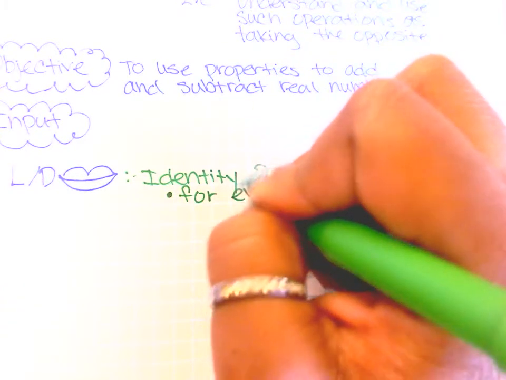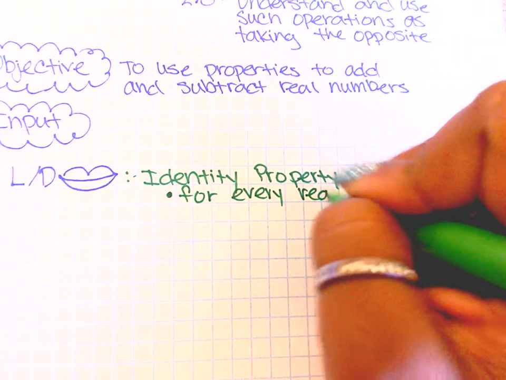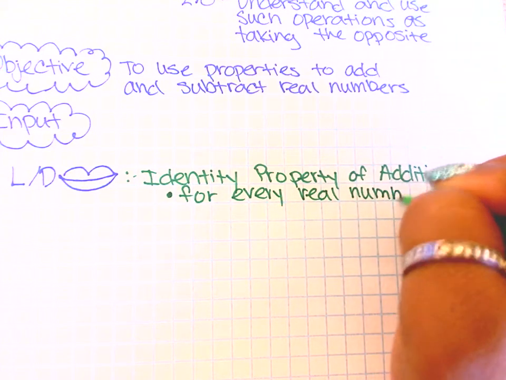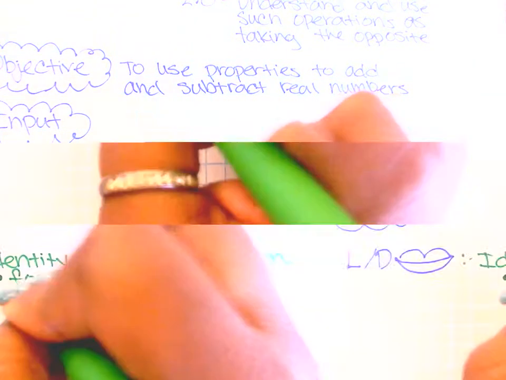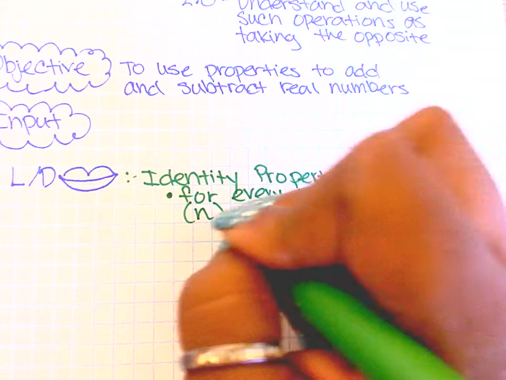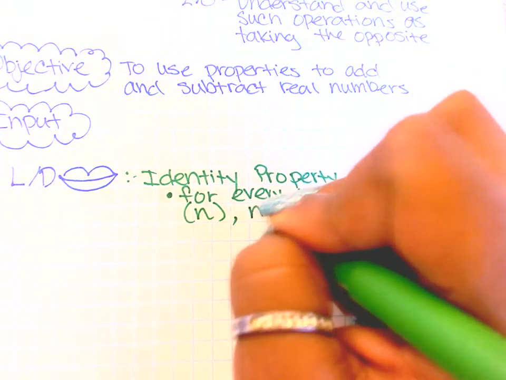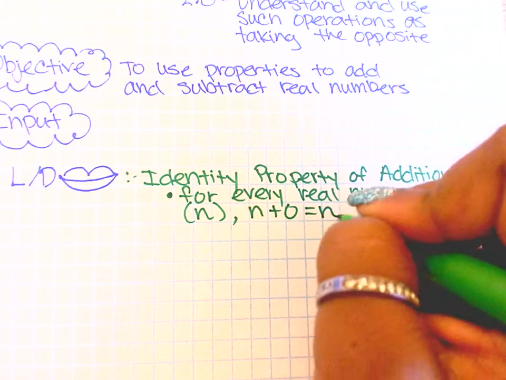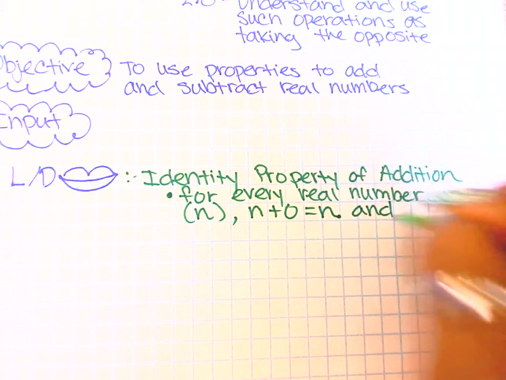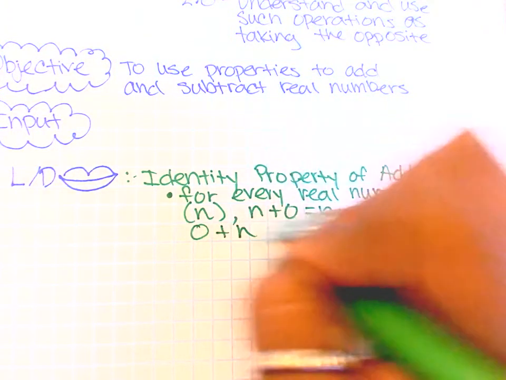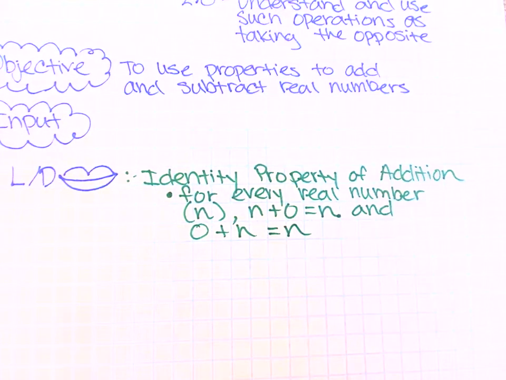It's basically for every real number, which we're going to call n, n plus 0 equals n, and 0 plus n equals n.